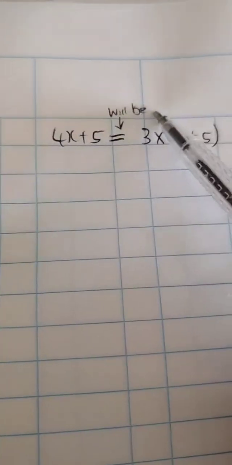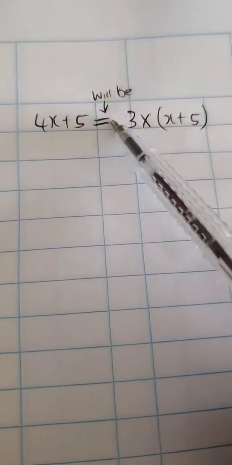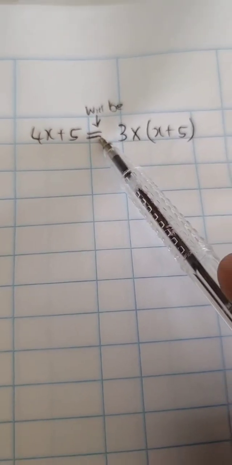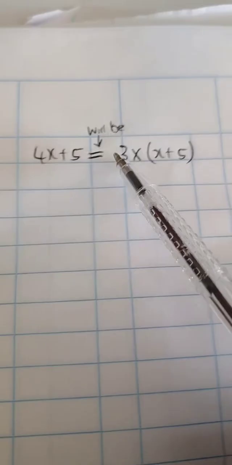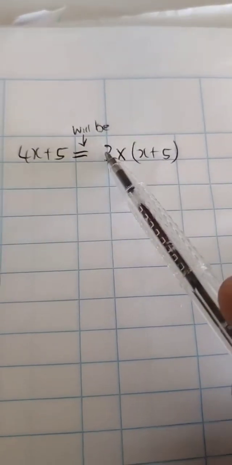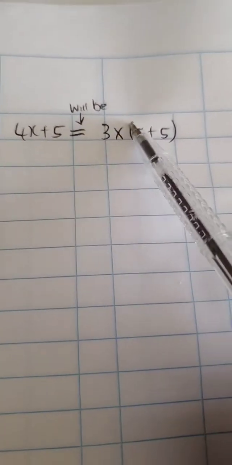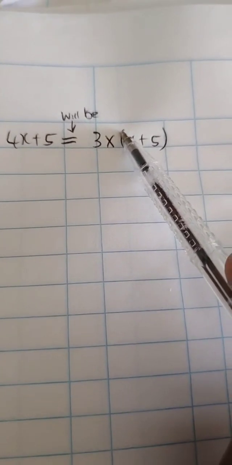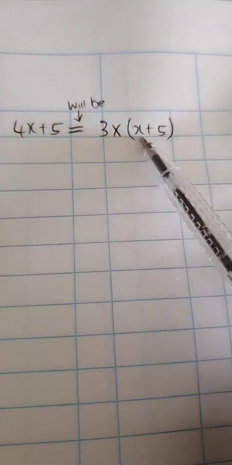She will be, and will be means equal, 3 times, 3 multiplied as old as her daughter.